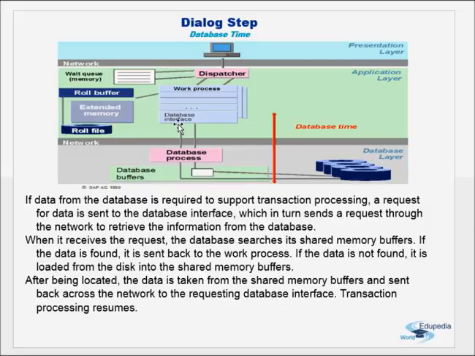In that case, the database interface in the work process architecture, which we studied in the initial videos, is one component known as the database interface. This database interface works with the database to get the data.